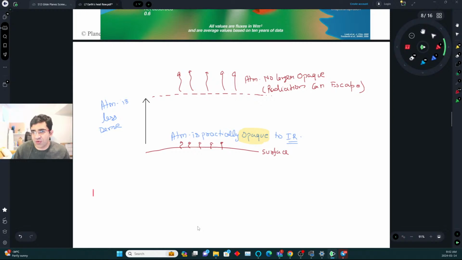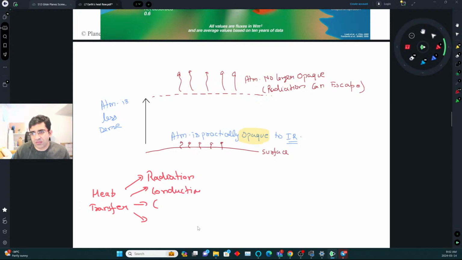What are the different ways in which heat transfer occurs? Conduction, convection, radiation, and sometimes advection is also there.